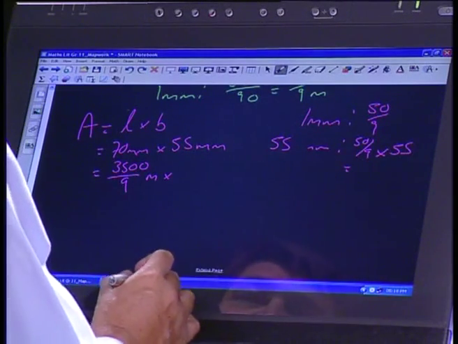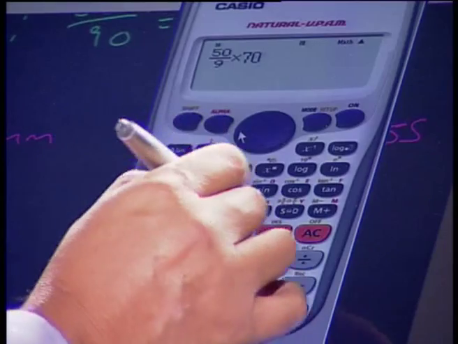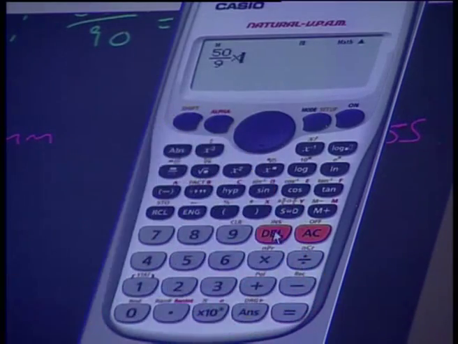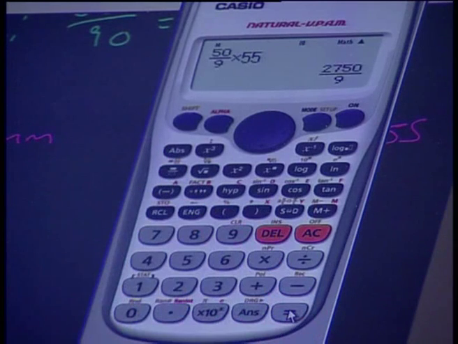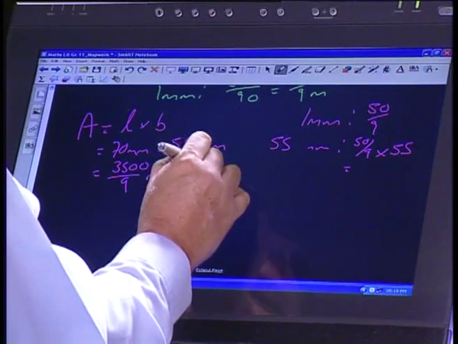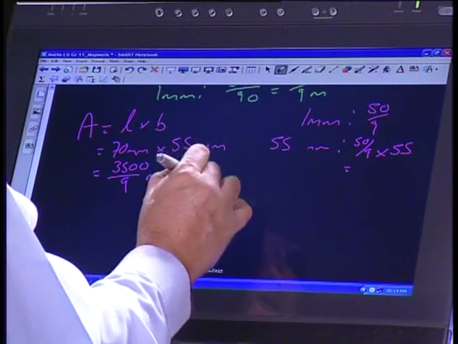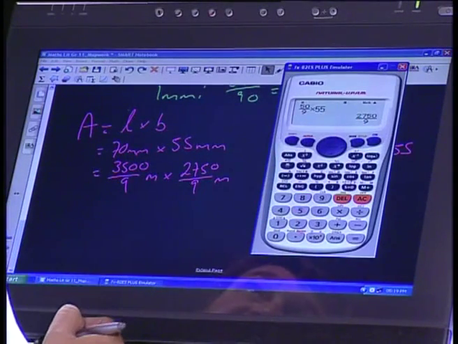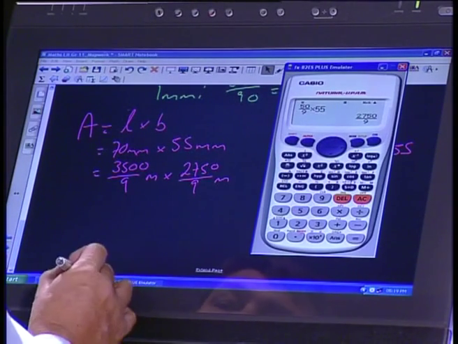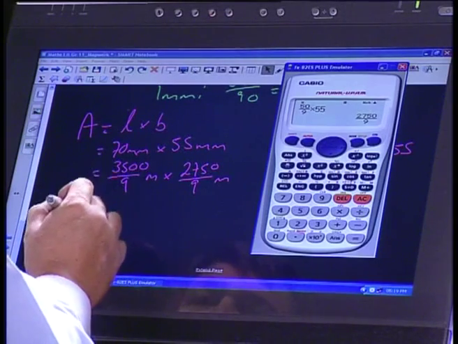So we're going to get our calculator, and I'm cheating here, 50/9 times 55 equals, and we get 2,750/9 meters. Let's just double check. 2,750/9.